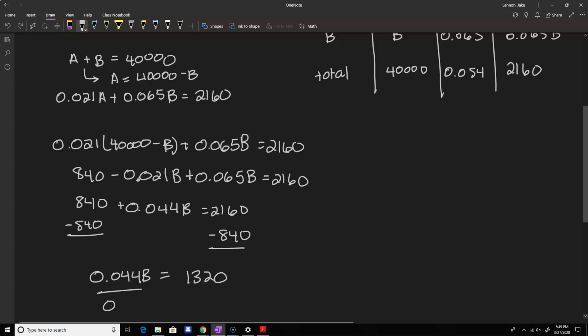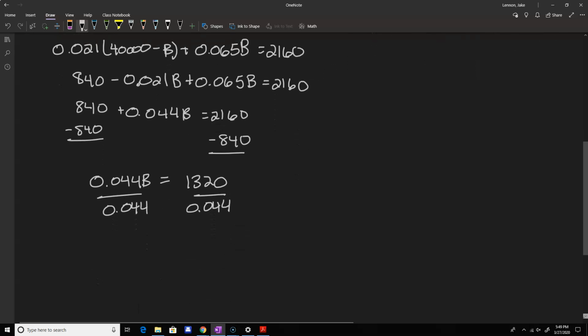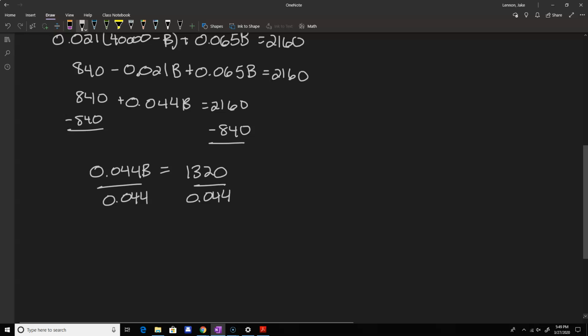So we divide by 0.044, and we get the amount in account B. If we do 1320 divided by 0.044, it comes out to 30,000. So account B is 30,000.